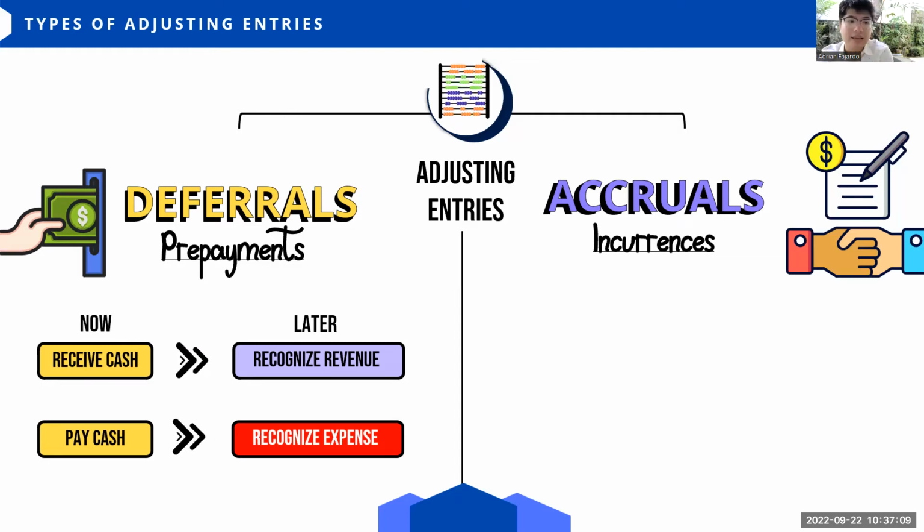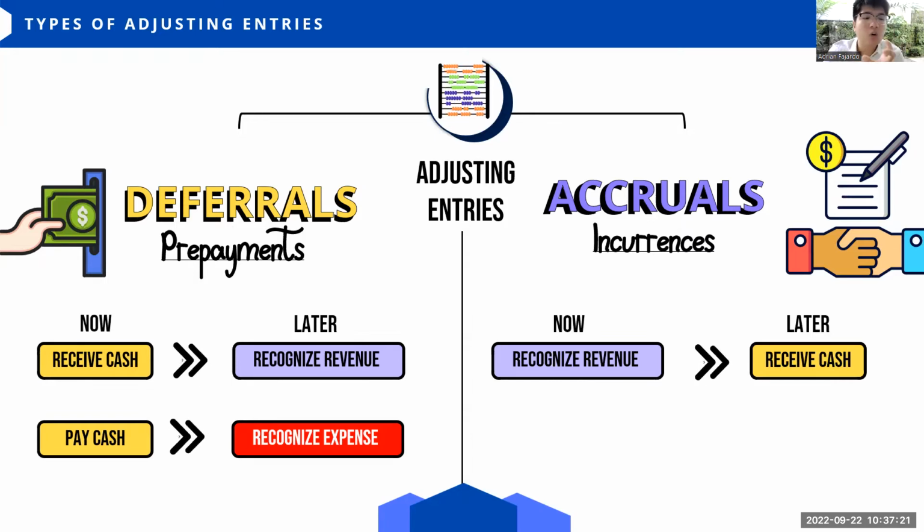On the other hand, let's go to accruals, right? Accruals talk about incurrences. So ang nauuna is yung incurrence, right? Meaning, ang nauuna, in point A, nag-recognize ka ng revenue, pero in point B or later mo pa makukuha si cash, right?